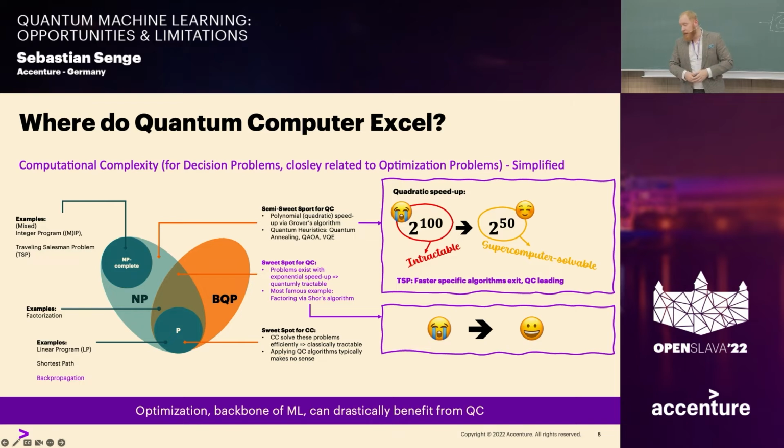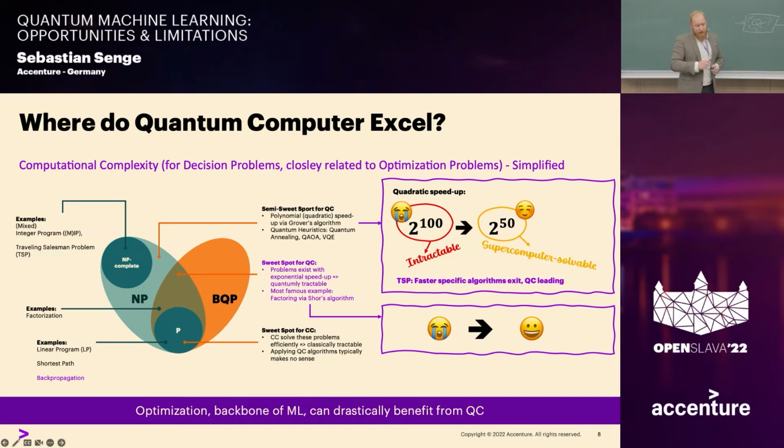So for example, think about sorting or searching or calculating the shortest path, right? This is particularly fast on a classical computer. And the idea of quantum computers is now to make other problems, which are classically much harder, also solvable in such a relatively short amount of time.